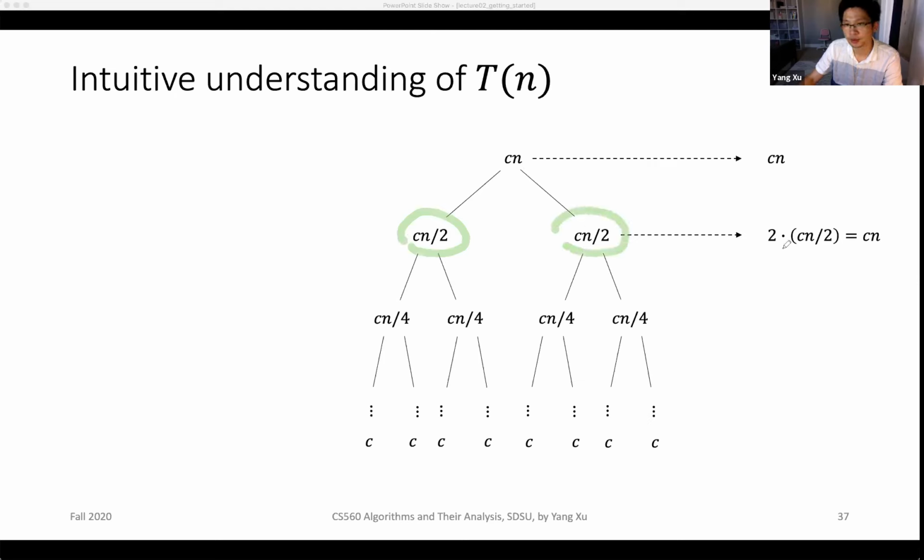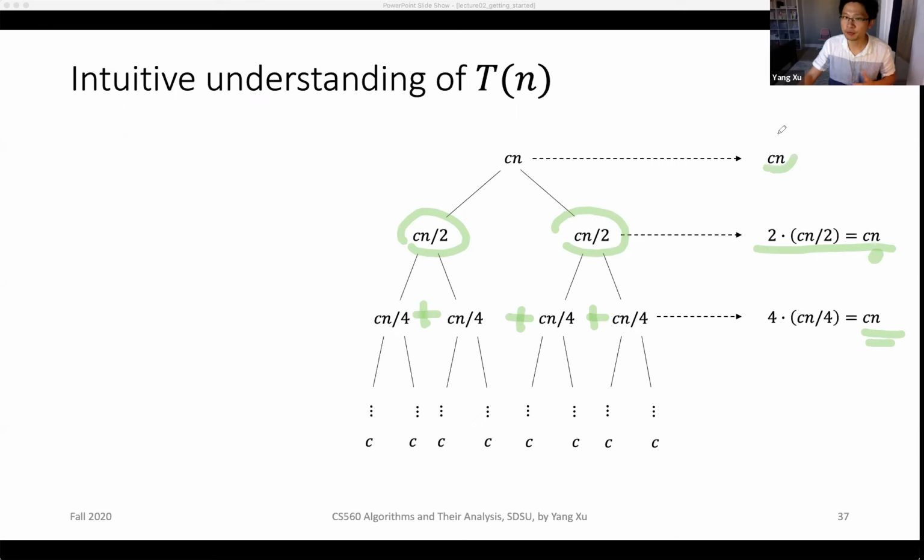Together, they contribute Cn as well. Then in the third level, we have 4 times Cn over 4, because we want to add all these components up. We've got also Cn.